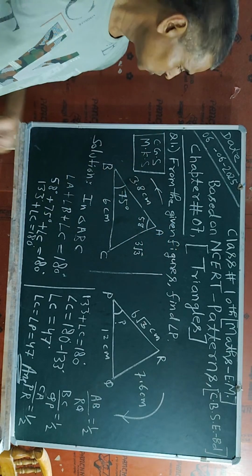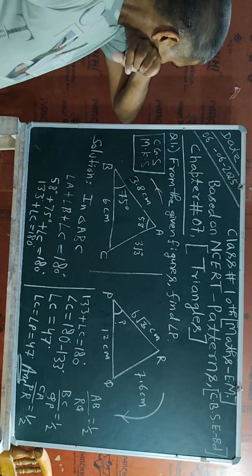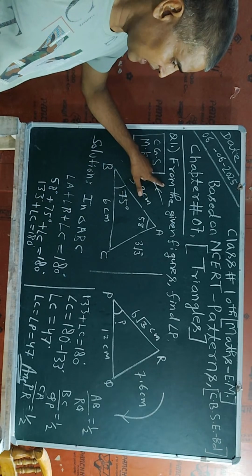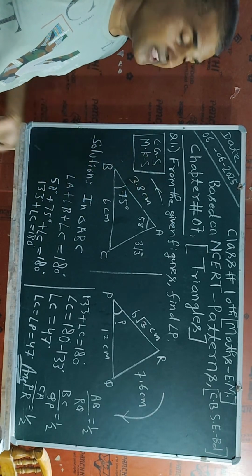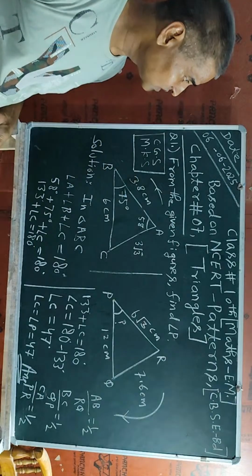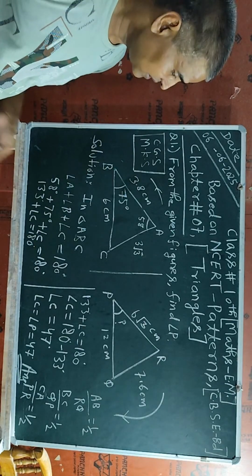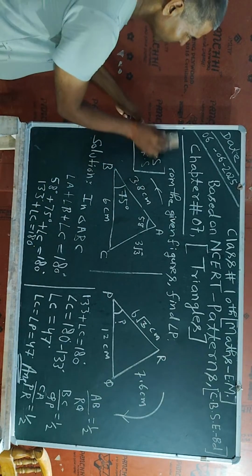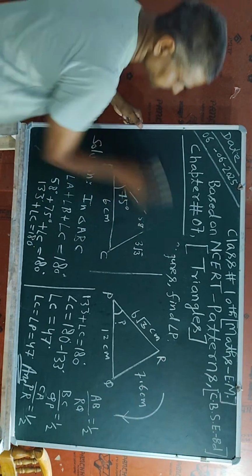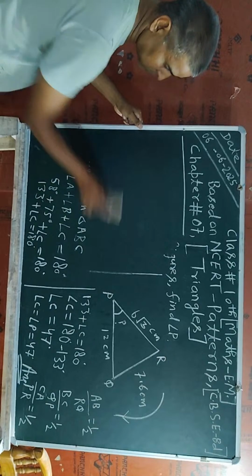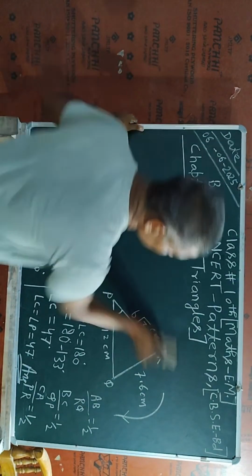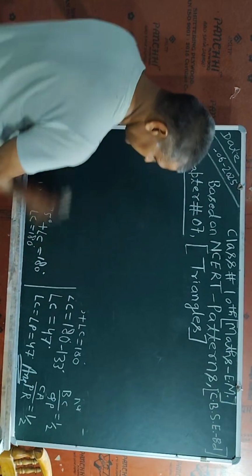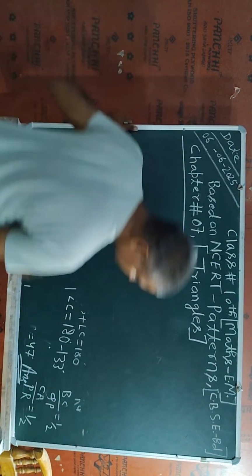Okay student. So first of all, I will erase this question and its solution, and then I will take another question which is also based on similarity of triangles, and then I will solve it. I am going to erase this question and its solution properly, and after erasing it, I will write another question and then give its answer.